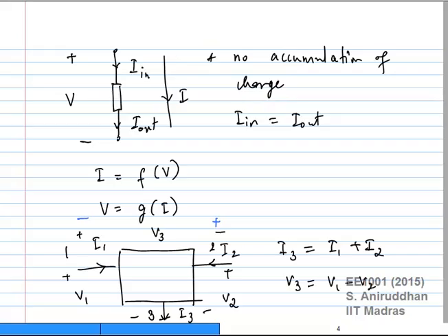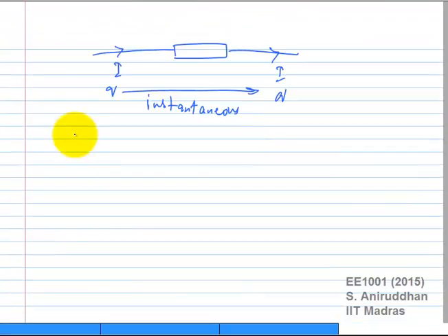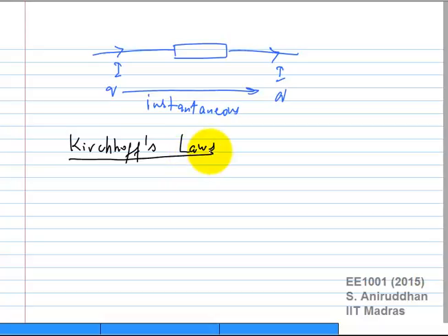So these particular relationships have a specific name. I think you already know what these laws are called. They are called Kirchhoff's laws. They are systematized as very specific laws which are used all over electrical engineering.